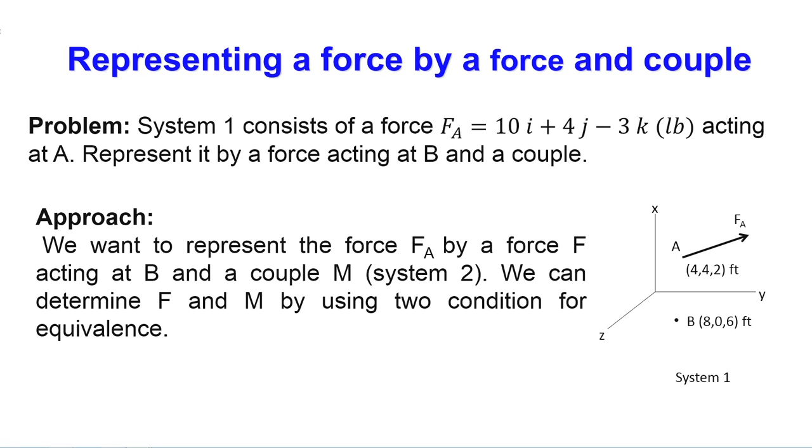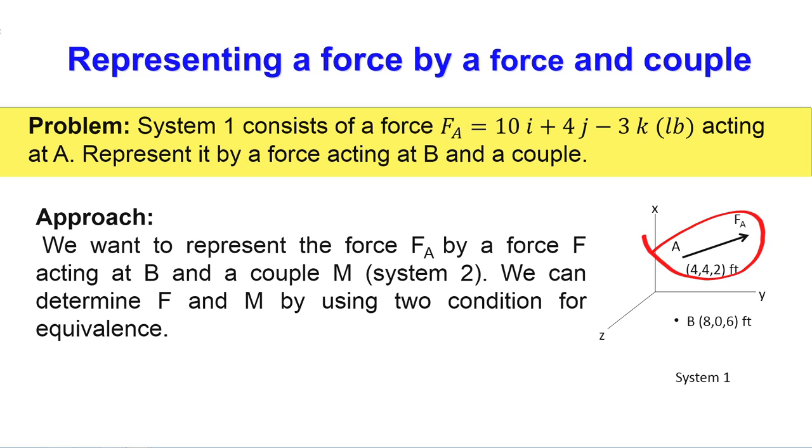Here we want to represent a force by a force and couple. We have already proved this, and now we are solving one problem. System 1 consists of a force F A, that is 10 i plus 4 j minus 3 k pounds, acting at A, with A's coordinates given in feet. We want to represent it by a force acting at B and a couple, which we have already proved.